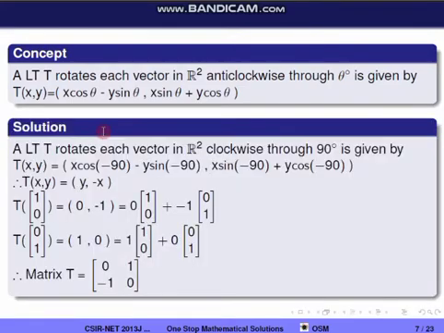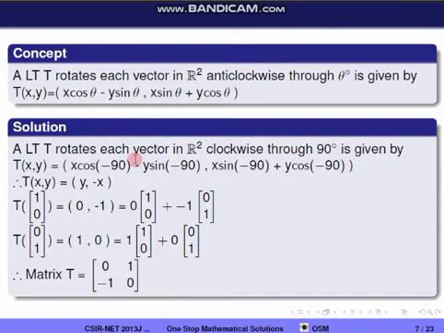In the question, they have asked for a linear transformation T that rotates each vector in R square clockwise through 90 degrees. So we'll replace theta by minus 90. So T of (x, y) is equal to (x cos minus 90 minus y sin minus 90, x sin minus 90 plus y cos minus 90).